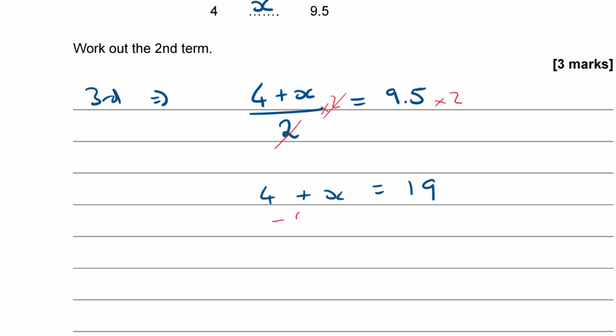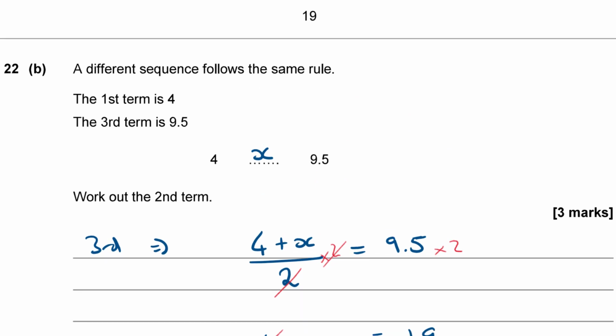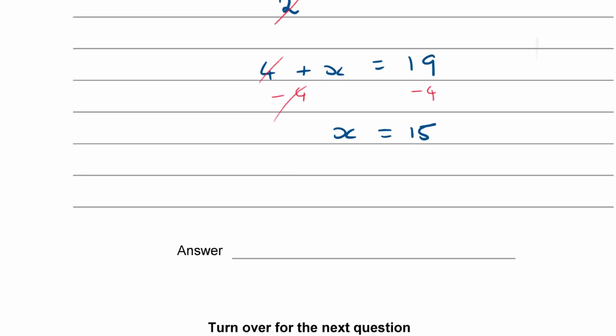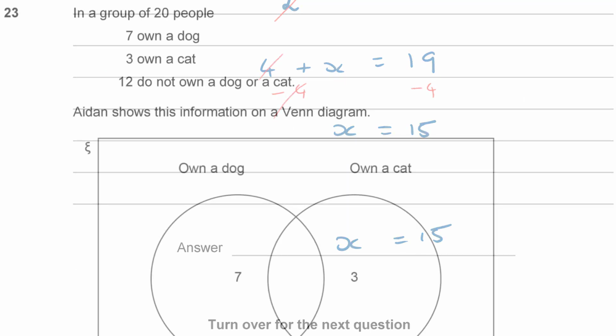Then subtracting 4 from both sides, that's going to cancel, leaving me with just x on the left, and 19 take away 4 is 15. So my middle term must have been 15, so that when I added it with the 4, 4 plus 15 is 19, divided by 2, I got 9.5. So that seems to work. x is 15.